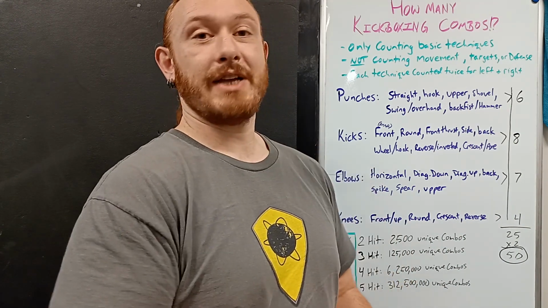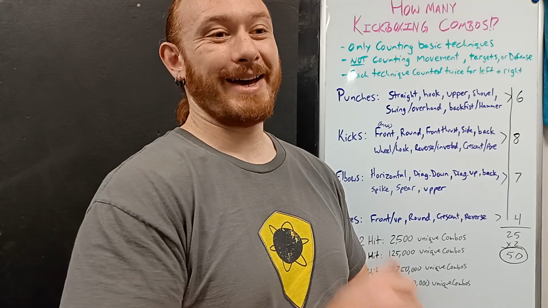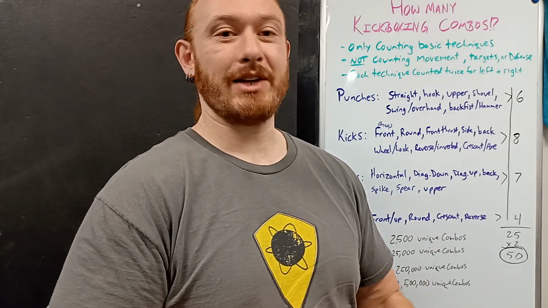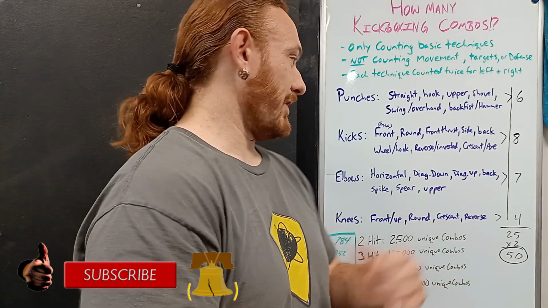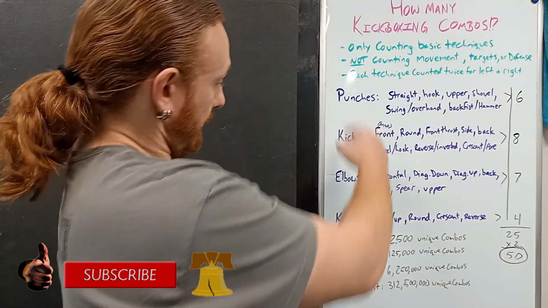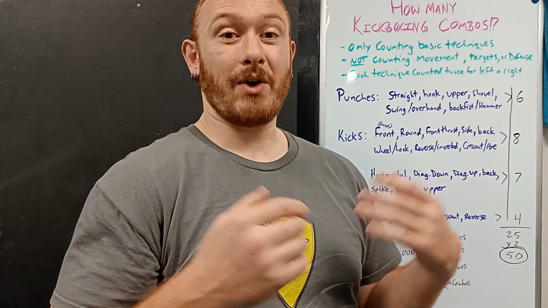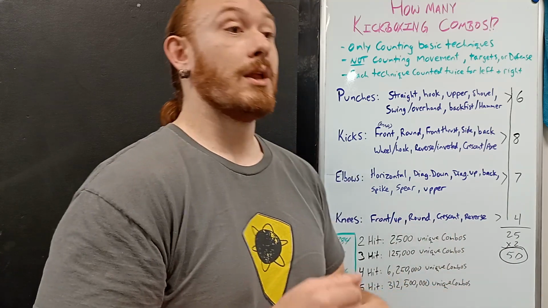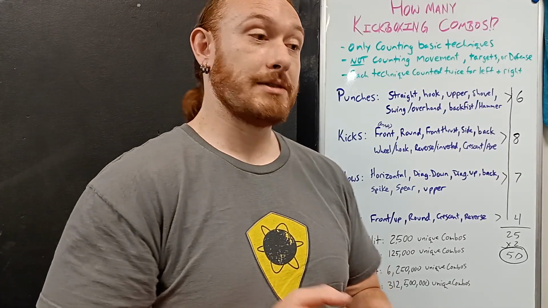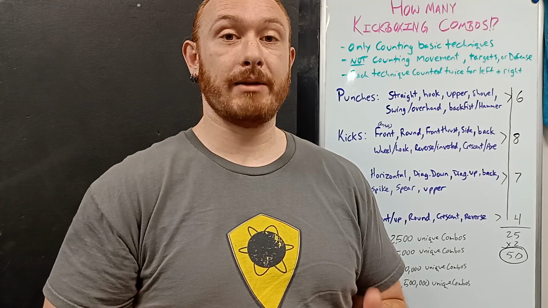Or get 5 decks of cards, and assign each one a kick, a punch, a knee or an elbow, whatever, and you've got your 4 suits. You could do that and just pull combos at random. That's fine too. But really, what I'm getting at is there is so much variety to be had.